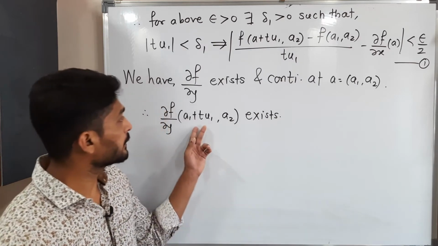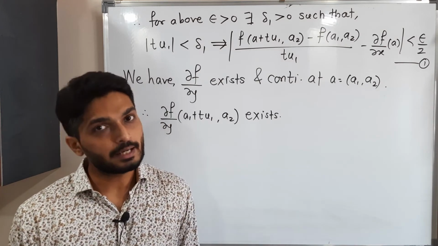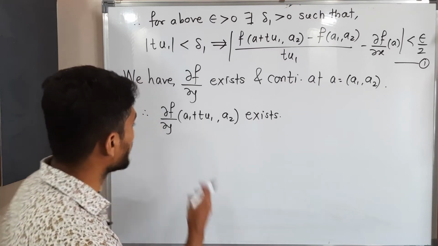That's why we could add t1 in the first component and that partial derivative also exists. So let us apply the definition. This is the partial derivative with respect to y.